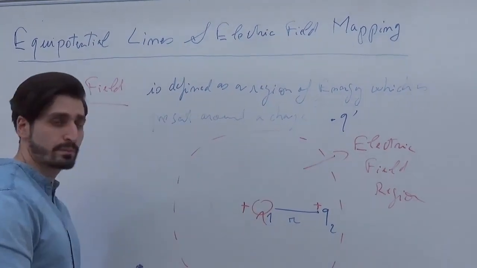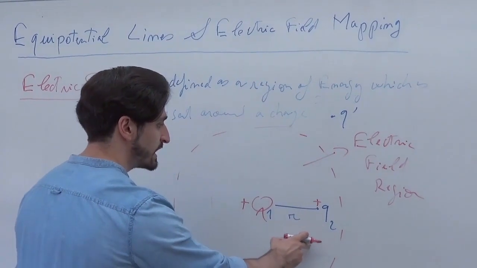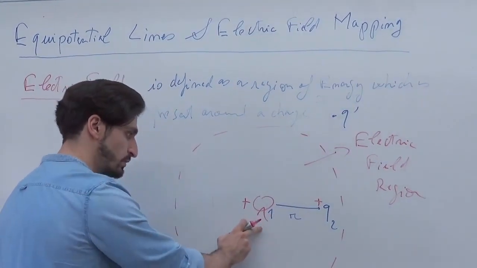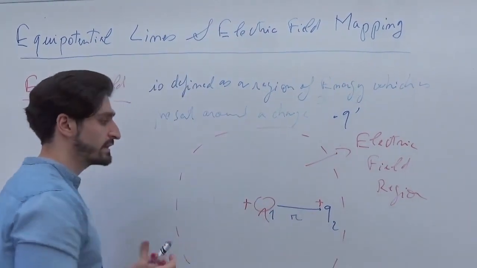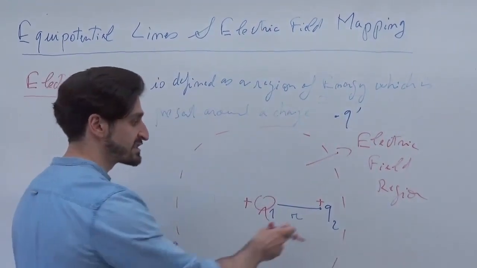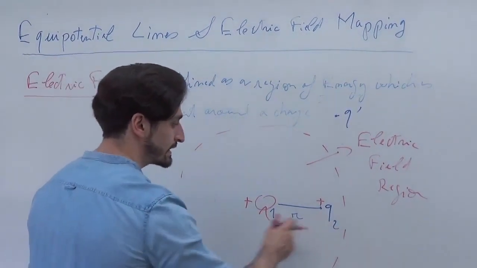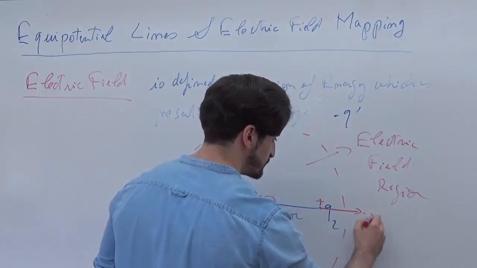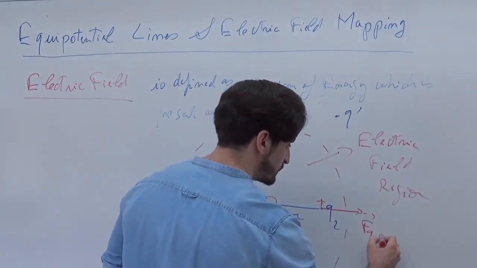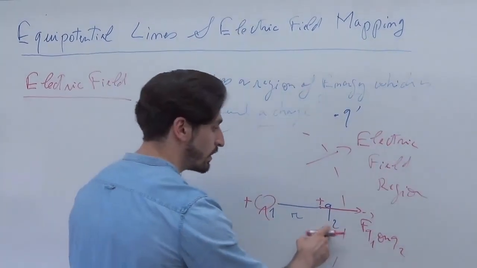Now in that case, since Q2 is present within an electric field region generated by Q1, Q2 is going to feel the effect of an electric force exerted on it by Q1. So Q1 is going to exert an electric force on Q2, which is going to be directed that way. That force will be called F of Q1 on Q2, the force exerted by Q1 on Q2.